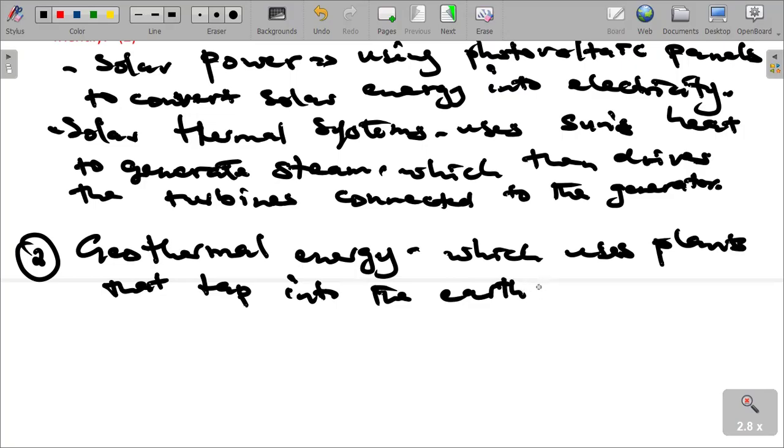They tap into the Earth's internal heat.